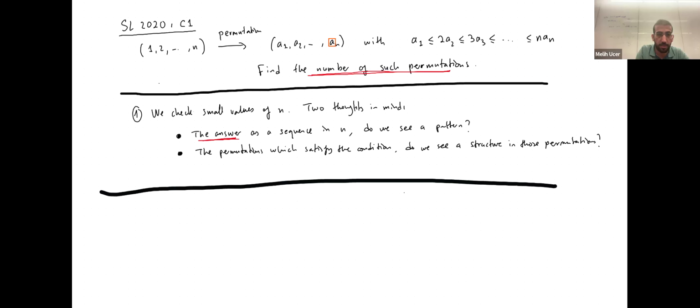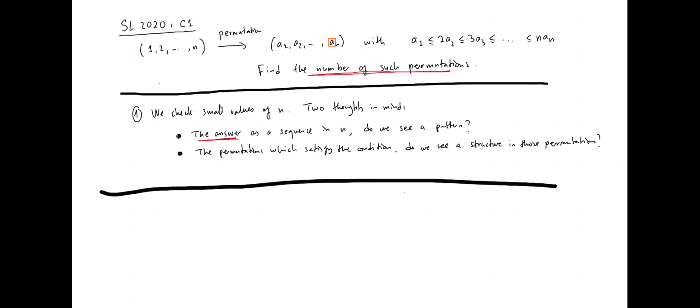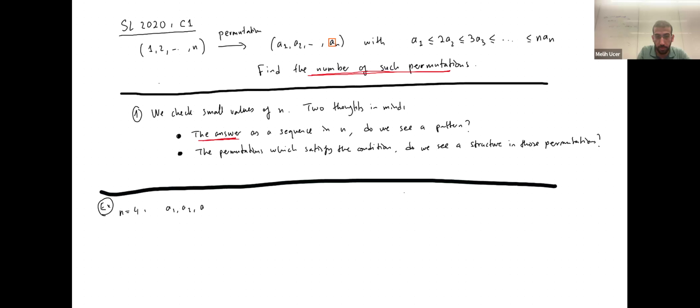If for n equal 4, we have a1, a2, a3, a4, a permutation which is a valid solution, then we swap, we want to get another one.